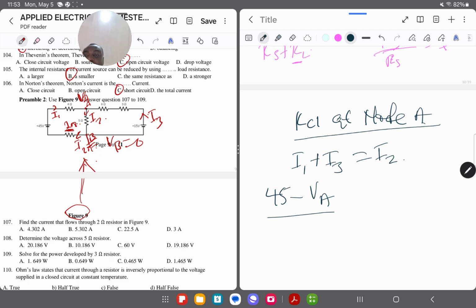Then over the sum of the resistors in that branch, right? You can see why: in that branch the same current is going to pass through all the resistors. So if you look at the first branch, 4 ohms and then 2 ohms, it is the same current I1 which is going through them.